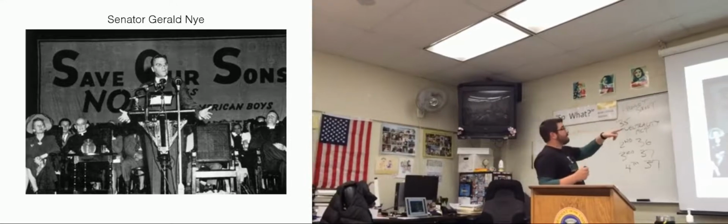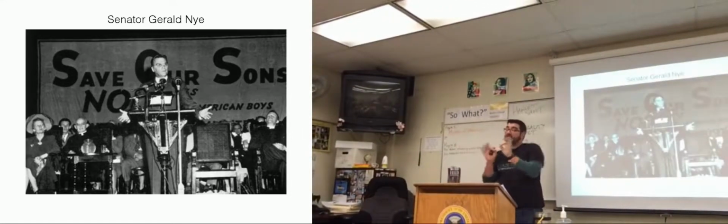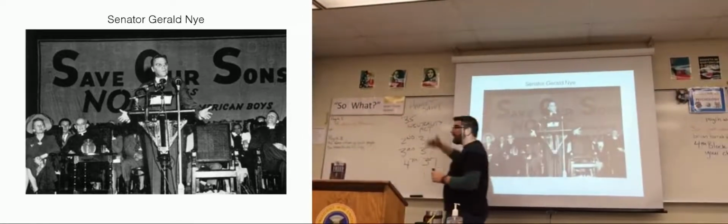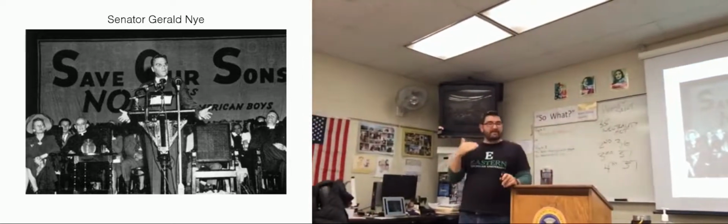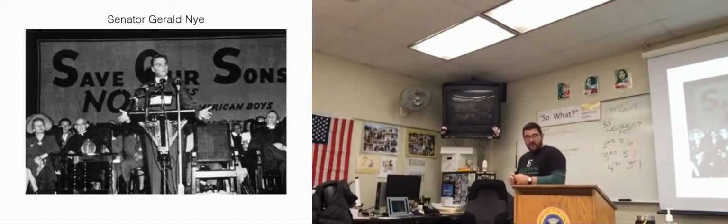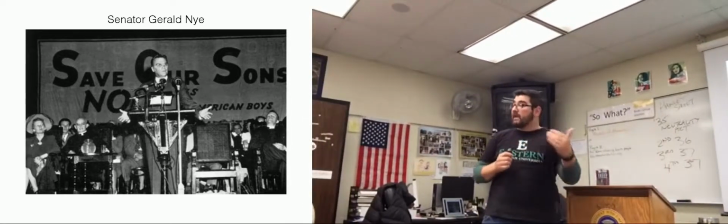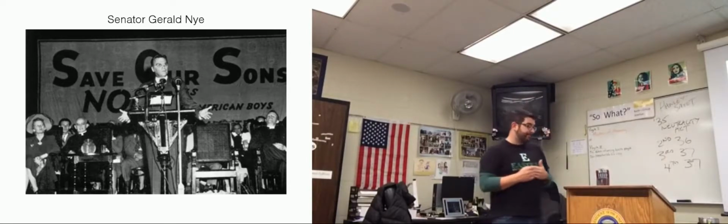So with the Nye Committee report in 1935, America that was already isolationist is going to become even more so. And our Congress will start to pass a series of Neutrality Acts over the next couple years that will progressively keep us further and further from getting involved in European conflicts. All right?